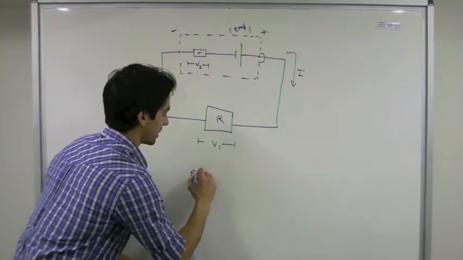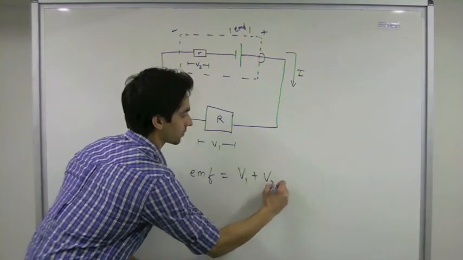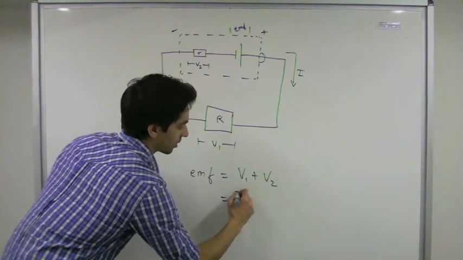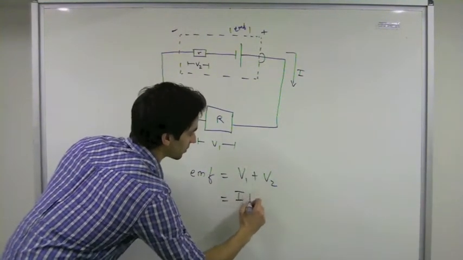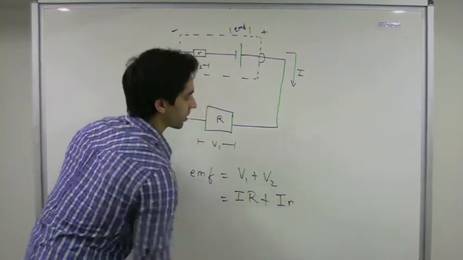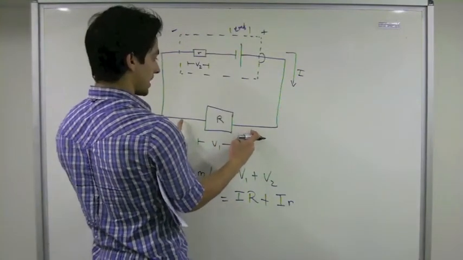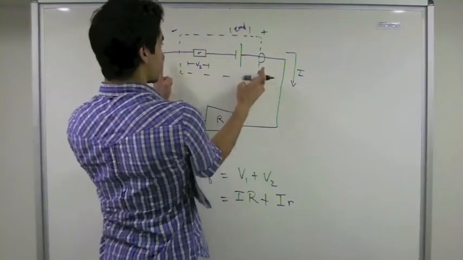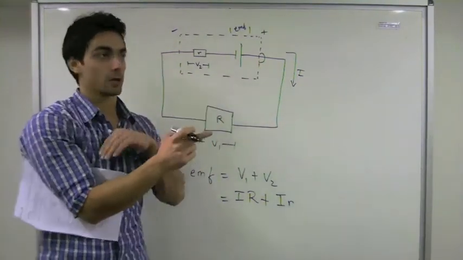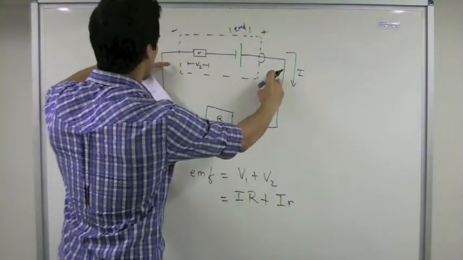So we have EMF equals V1 plus V2. We also know that V1 is given by I multiplied by R, and V2 is I multiplied by small r. Now, the potential difference across the ends of this resistor must be the potential difference across the terminals of the battery, because there is no other resistance or circuit component between these points.